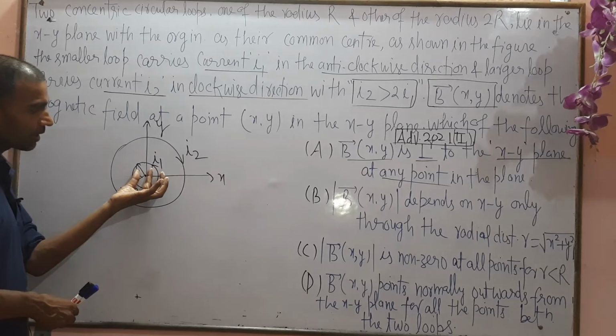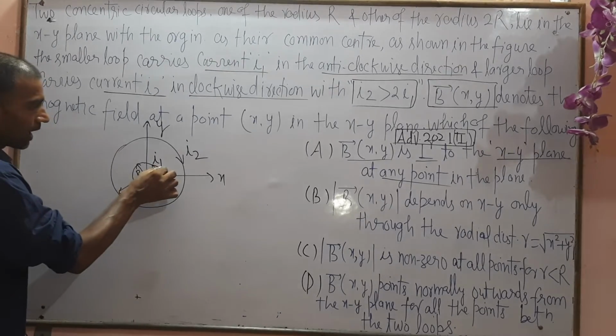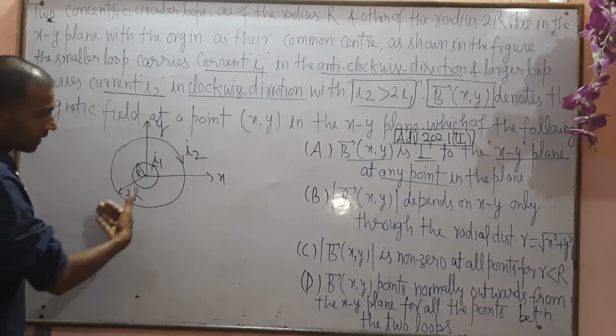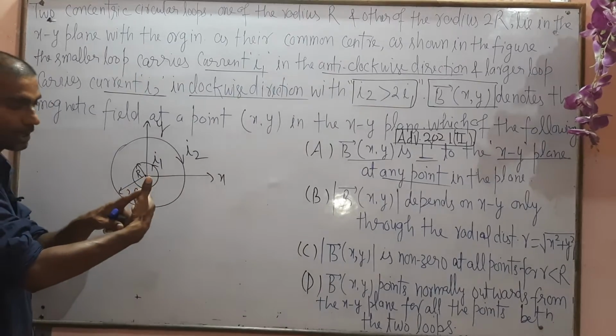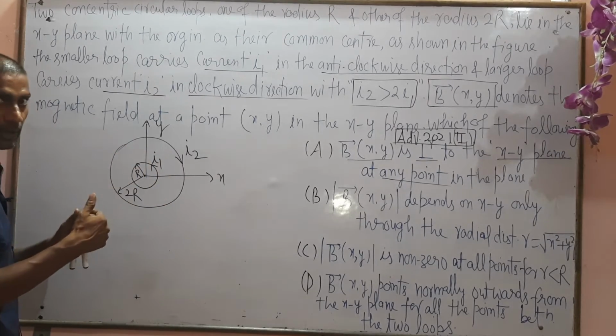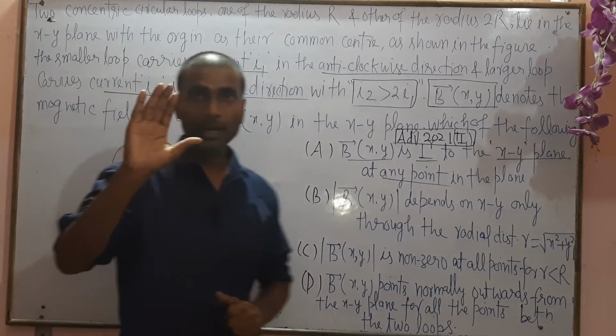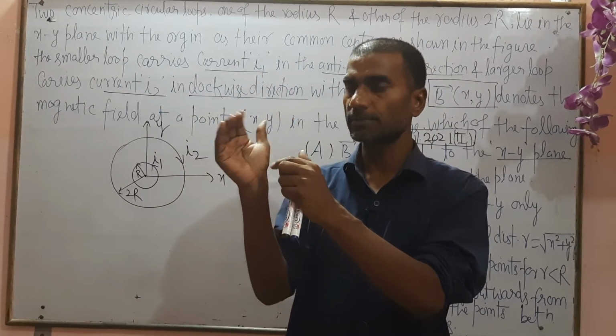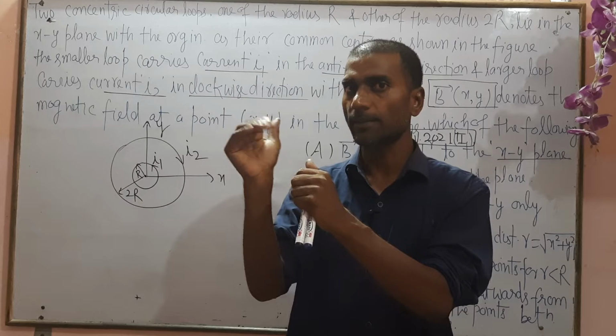I1 is in the anti-clockwise direction. By the right hand palm rule, this is the current I, and the curl direction is the direction of the magnetic field.